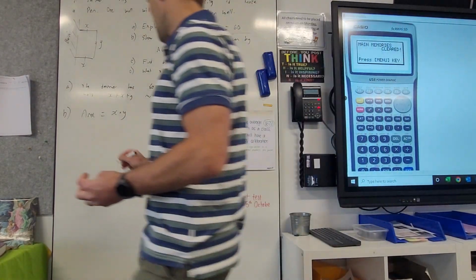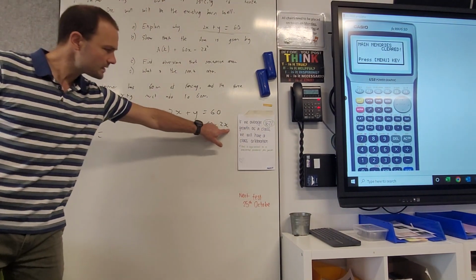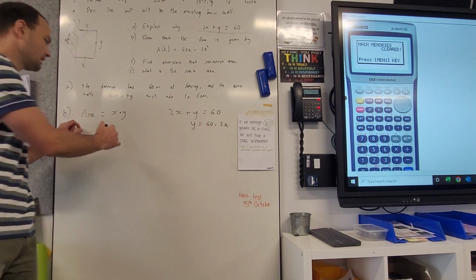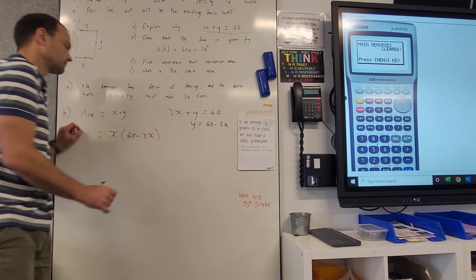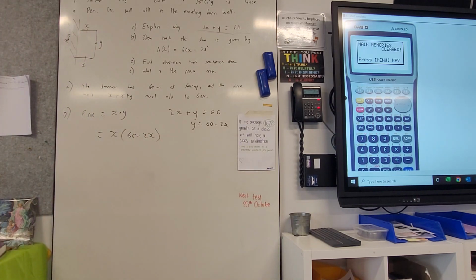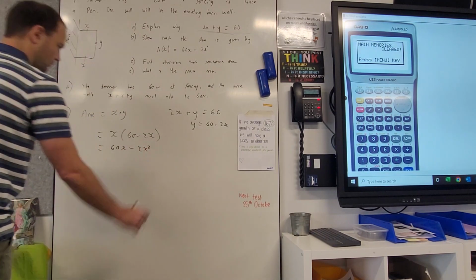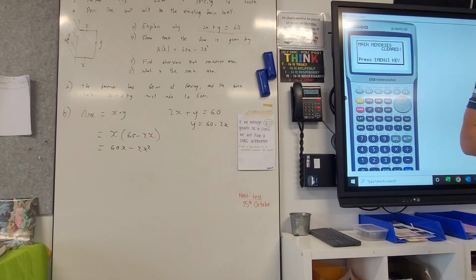And then the second mark is going, well, the area is x times y, and this is what y is. So we're going to take that and substitute it in here. x times, what's the y value? 60 take 2x. And so it expands to 60x take 2x squared. Okay, so there's the area function.